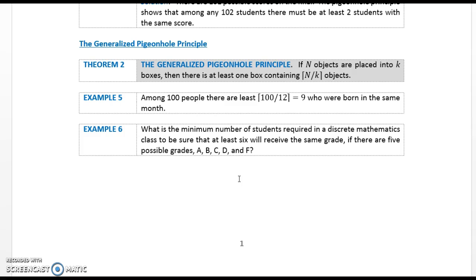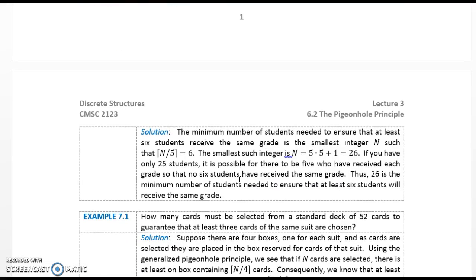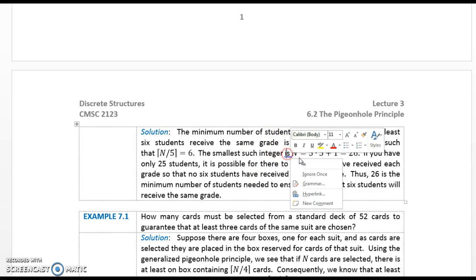What is the minimum number of students required in a discrete mathematics class to be sure that at least 6 will receive the same grade if there are 5 possible grades, A, B, C, D, and F? Solution. The minimum number of students needed to ensure that at least 6 students receive the same grade is the smallest integer n such that the ceiling of n divided by 5 is equal to 6.